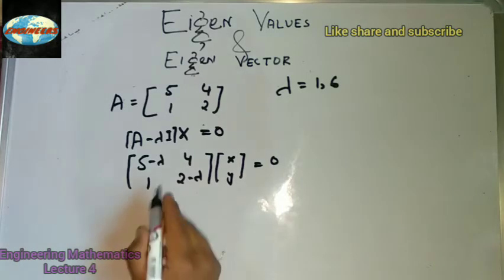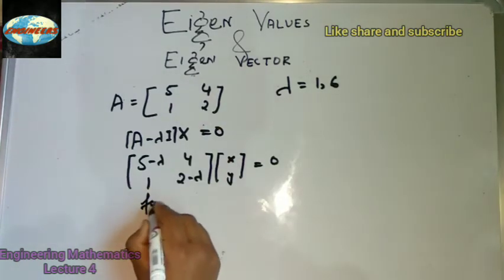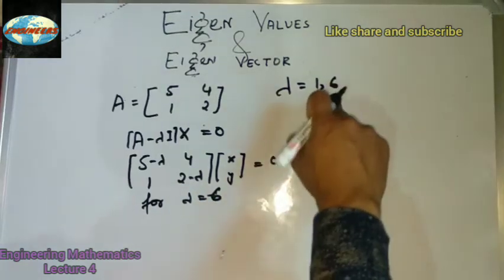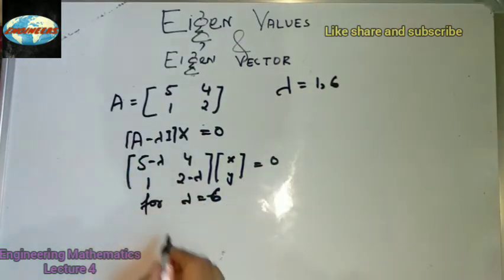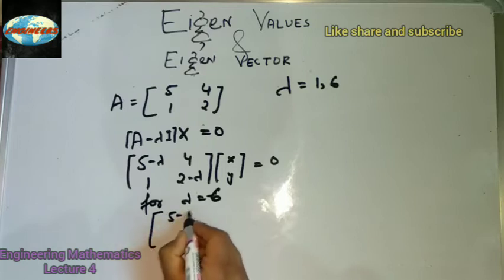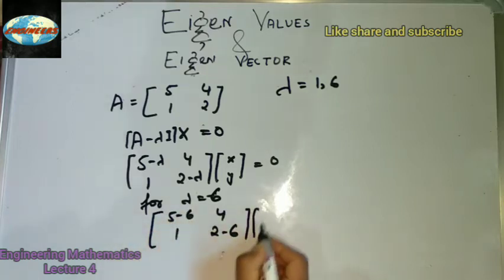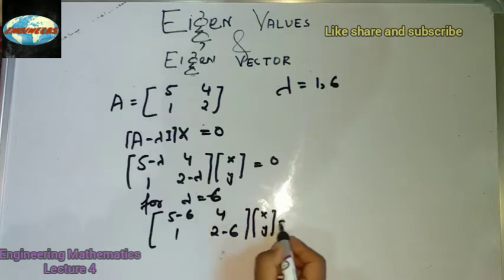So let's calculate for lambda equal to 6. For eigenvalue 6 we will find the eigenvector. So this becomes 5 minus 6, 4, 1, 2 minus 6, into x and y equal to 0.